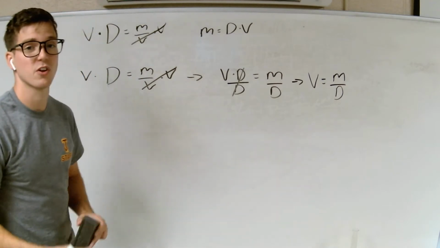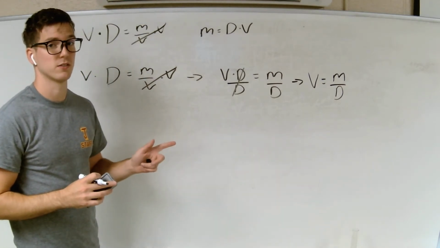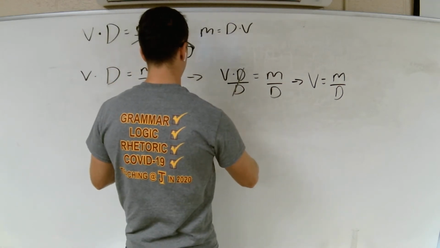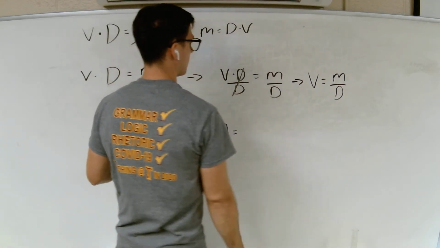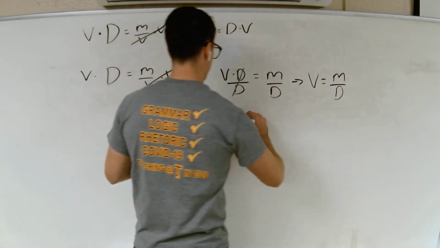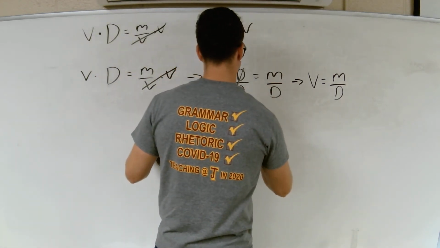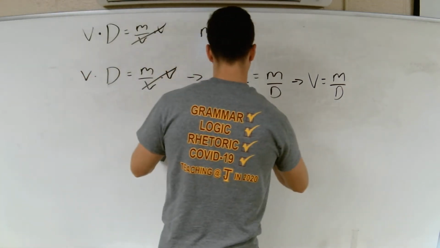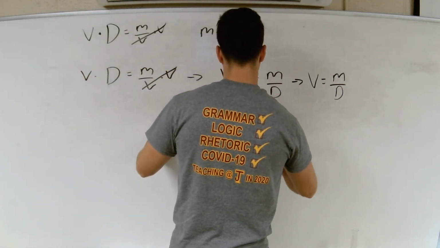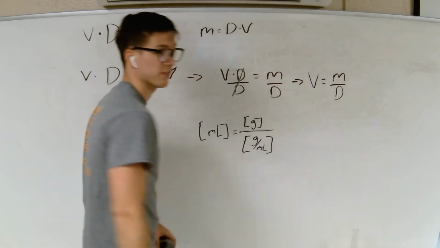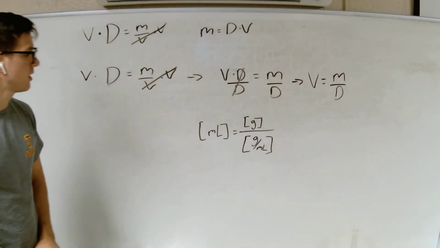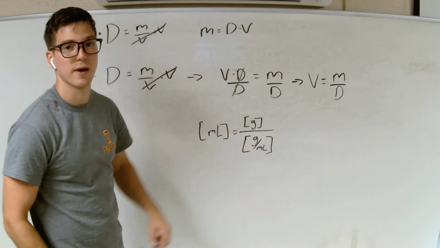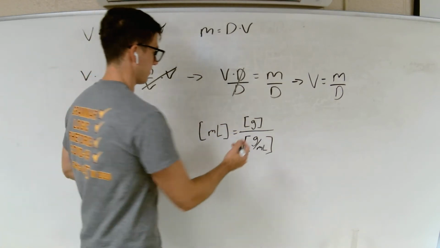And again, we could use our units to make sure that's correct. All right, so volume, we measure in milliliters. Mass, we measure in grams. And density is grams per milliliter. So remember, the units have to match up on both sides in order for this to be correct, right? Well, I've got grams on top and I've got grams on bottom over here. So those guys are going to cancel out.